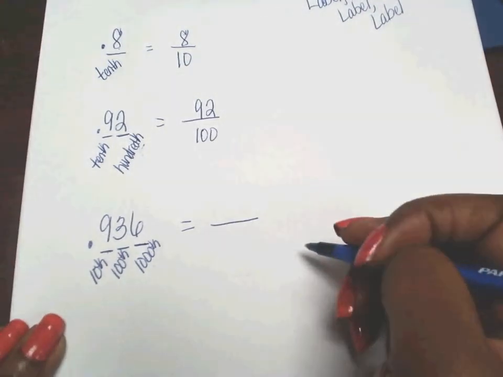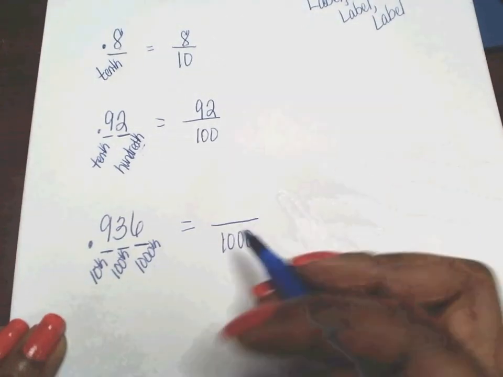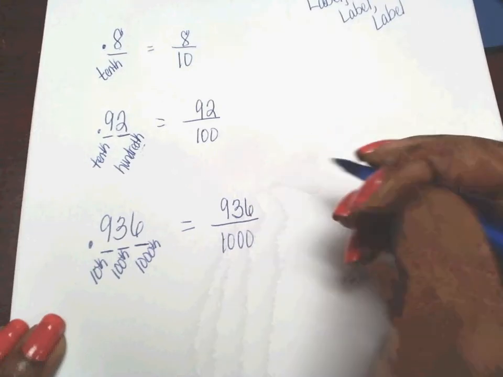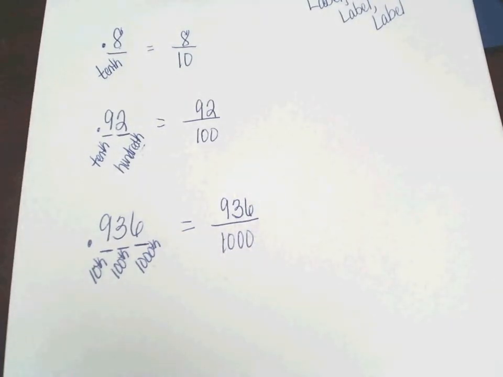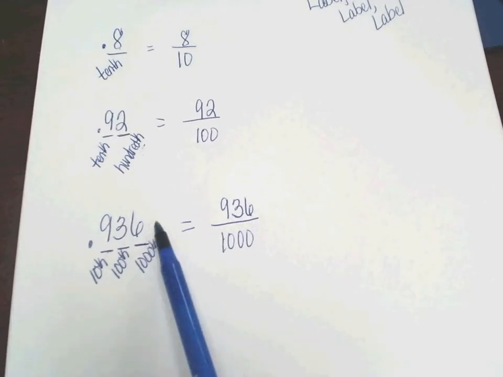That's the last denominator, so that is 1,000. And then I'm going to write the number on top. Really simple. So this number will always be your numerator, and your labels will always be your denominator.